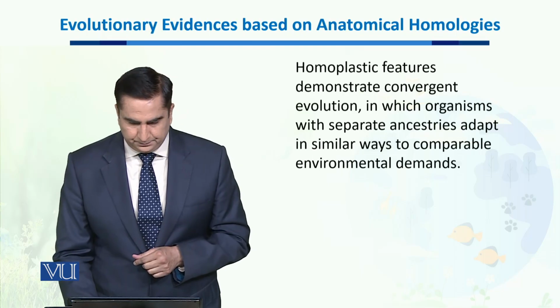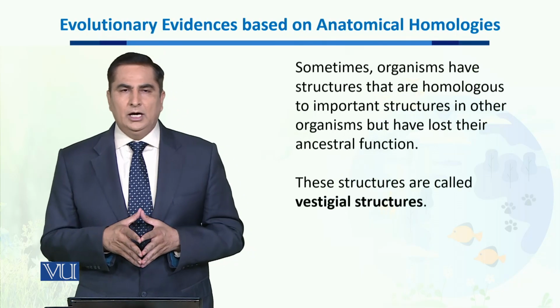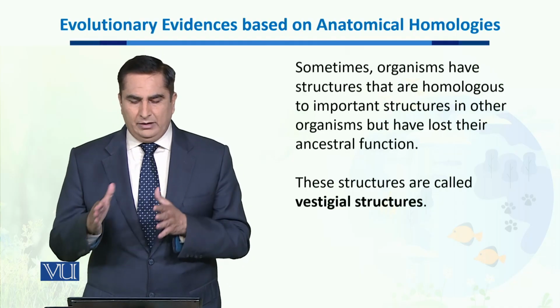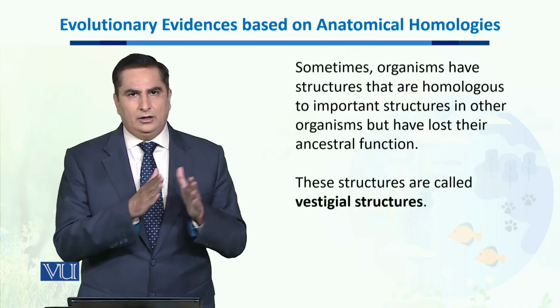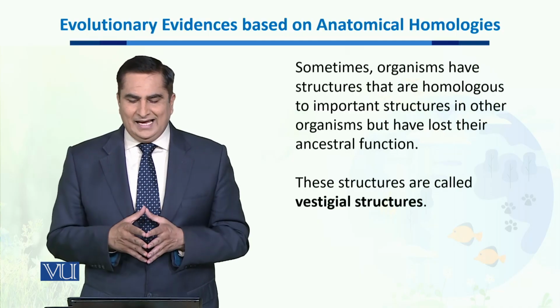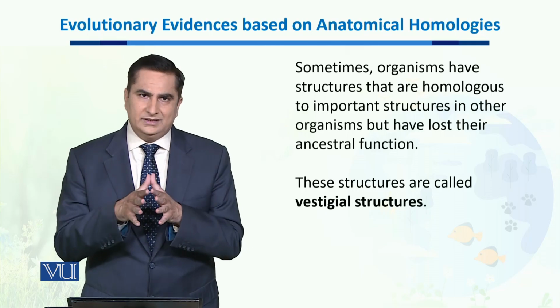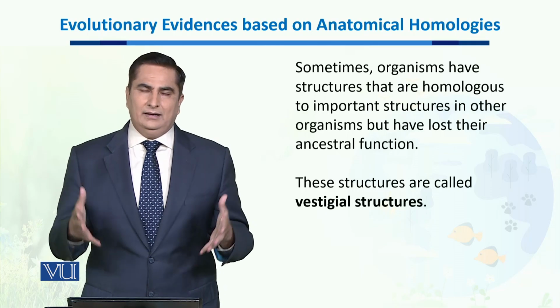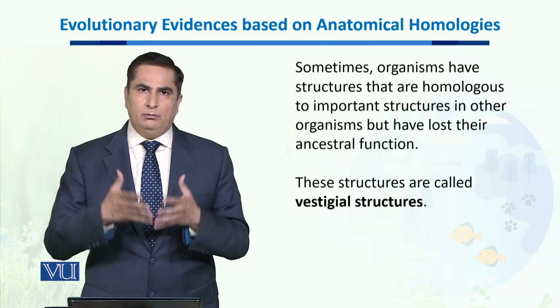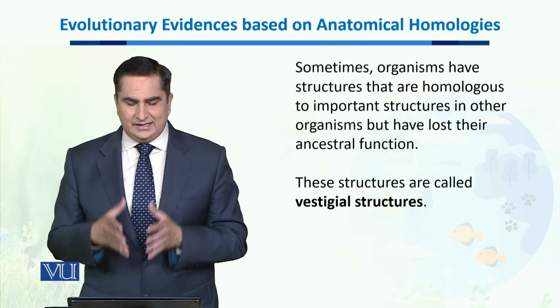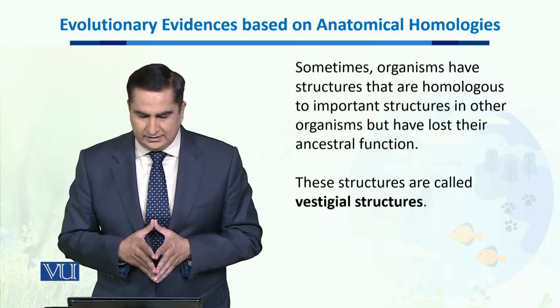Now, sometimes organisms have structures that are homologous to important structures in other organisms, but have lost their ancestral function. I mean, they are homologous, they are the same, but due to certain modifications in the evolutionary process, they have lost the function of those organs.